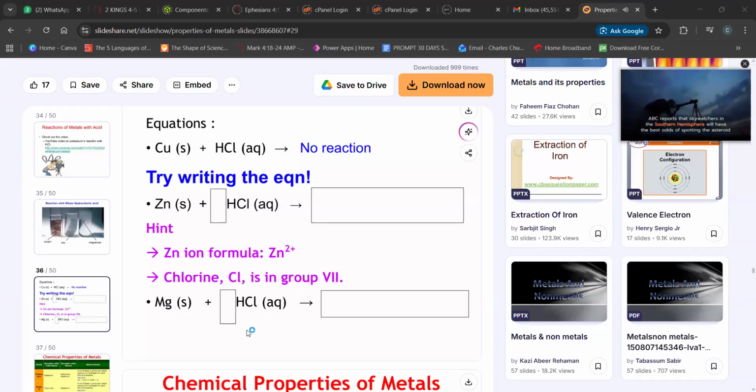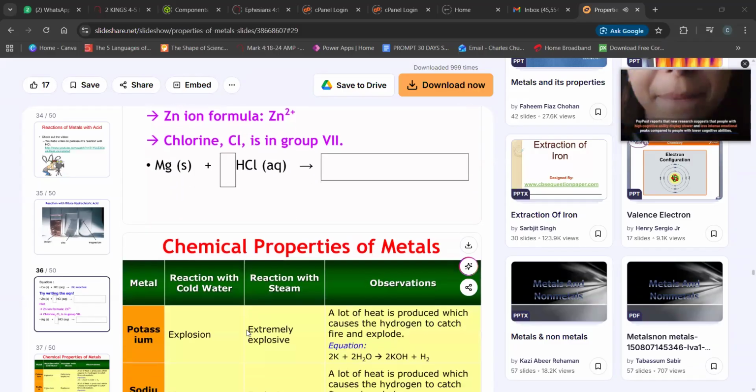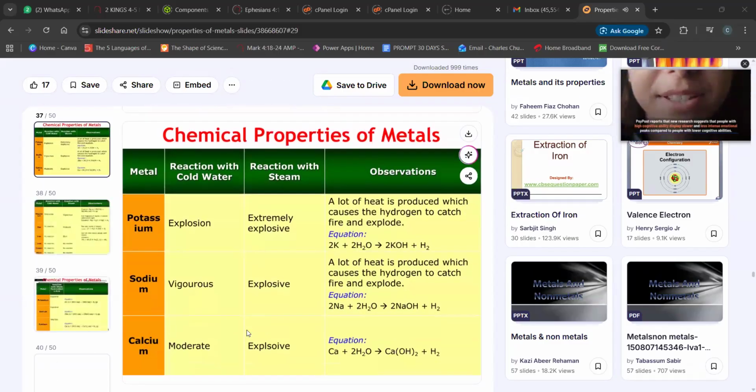It will create hydrogen gas. Are you good with that?